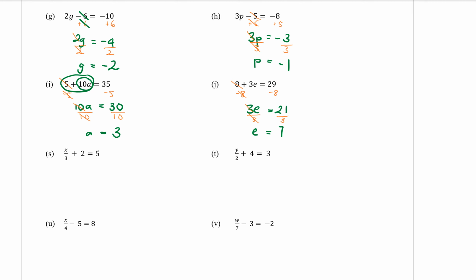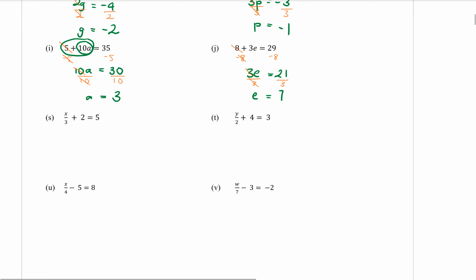Okay, on to S. We have a fraction in there. So the X and the 3, they're the center layer, and the plus 2 is out on the end again. So getting rid of the plus 2, the opposite is to subtract 2. So that gives x over 3, which is still left, and 5 take away 2 is 3.